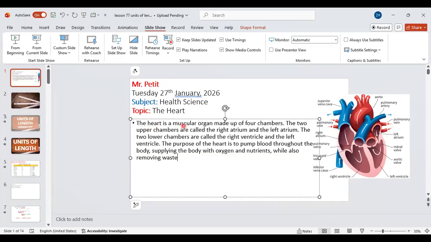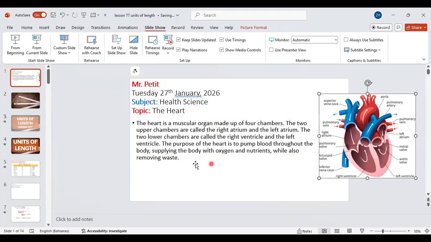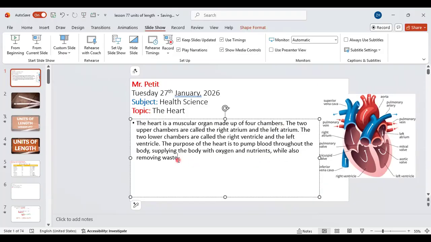The heart is a muscular organ made up of four chambers. Wait, y'all are twins. Okay, I'm sold. Don't they sound alike? They do. Y'all do sound alike. Oh my goodness. I was like, what? Wow. Okay. Meet your twin.